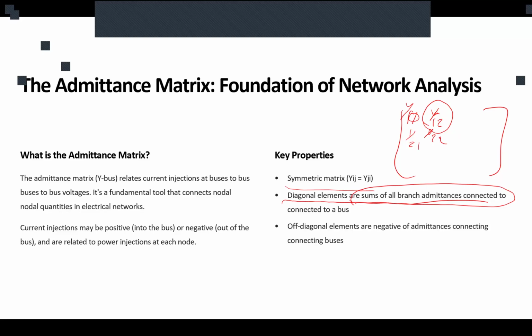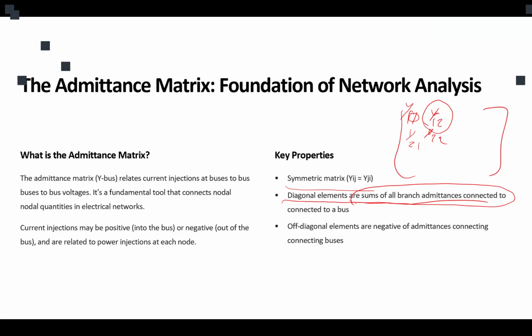This also comes with a definition: if y21 is the admittance connected between bus 2 and 1, then y11 is all the admittances that are connected to bus 1.